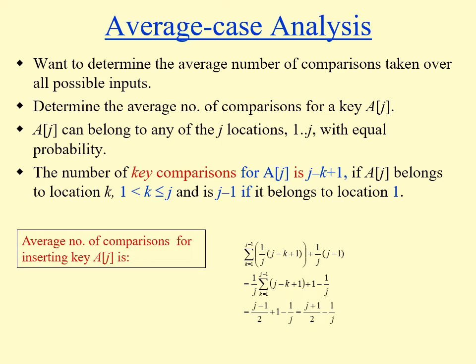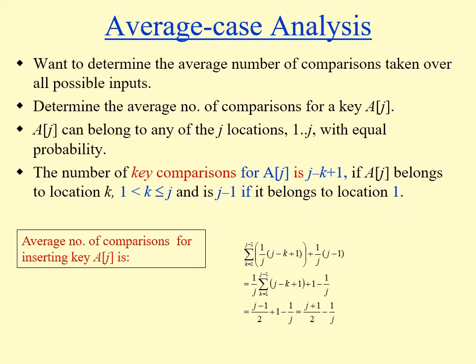If AJ belongs to location K, and K is larger than 1 and less or equal to J, so it can be equal to J, the count is J minus K plus 1. And it is J minus 1 if it belongs to location 1.